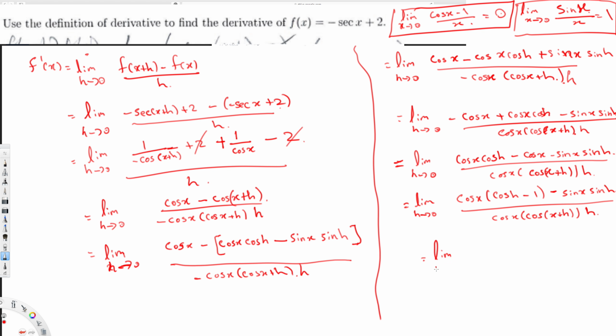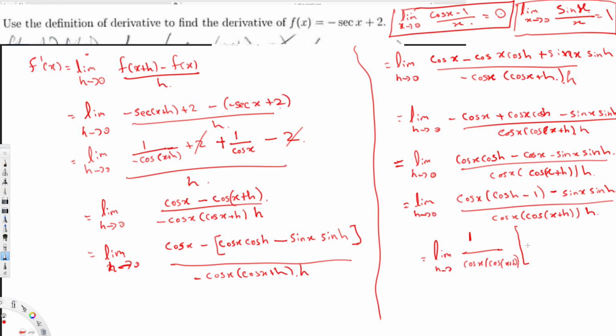So limit h approaches 0. To get the h in the bottom, I take 1 over cos of x plus h common to everything. If I do that, I will get 1 over cos of x plus h, and I write the other thing in a bracket.